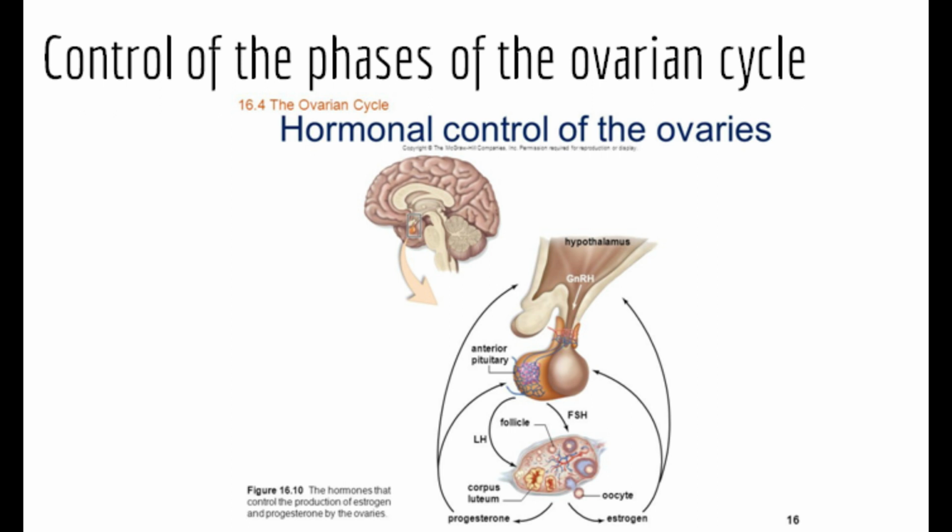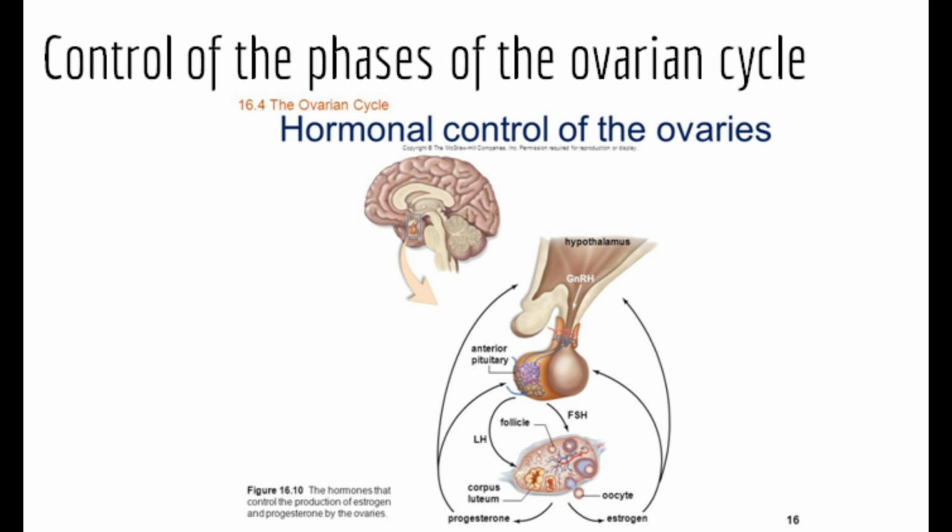FSH stimulates the follicle to produce the primary estrogen, and LH stimulates the corpus luteum to produce primarily progesterone. Estrogen and progesterone maintain the sex organs and the secondary sex characteristics.